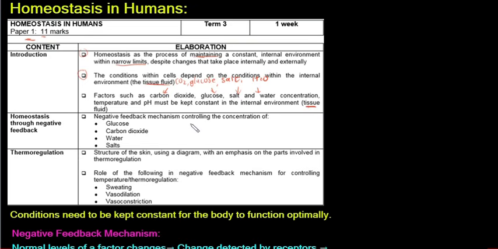So, homeostasis through negative feedback. The negative feedback mechanism specifically controls the concentration of glucose, carbon dioxide, water, and salts. In this video we are not going to look at glucose again, because we looked at the glucose concentration in the previous video.